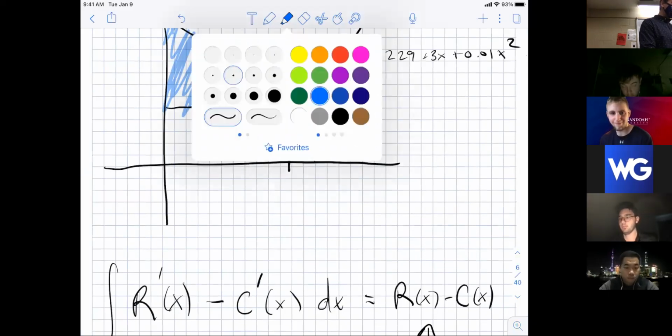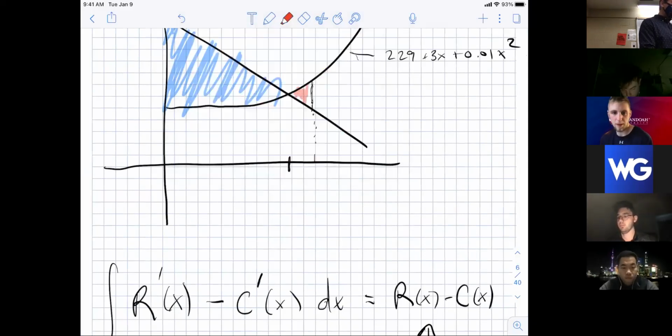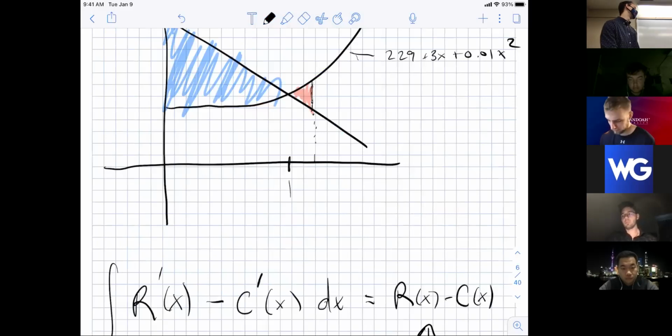Would that be bigger or smaller? And forget about an actual area bounded by a region. I integrate and I get a profit. So when I integrate up to here, I get $33,333.33.